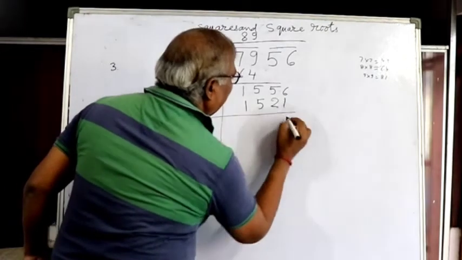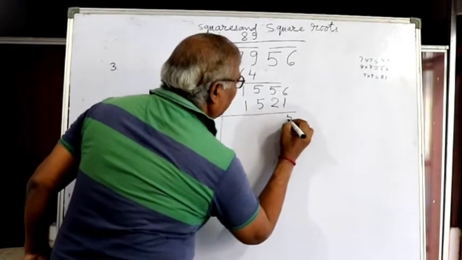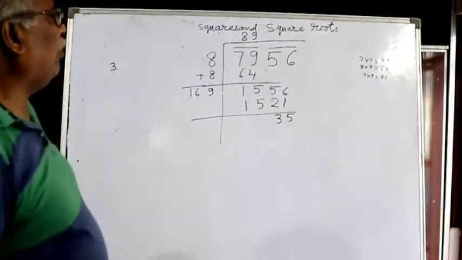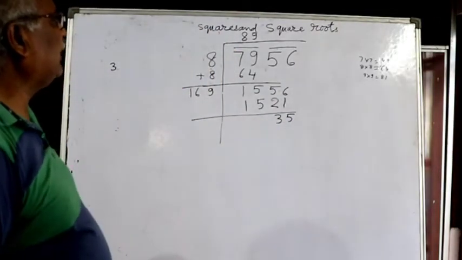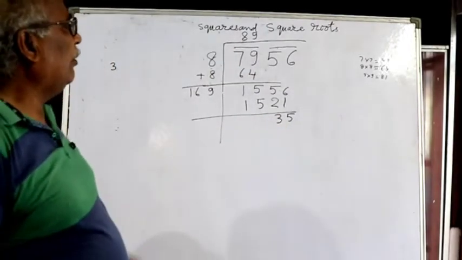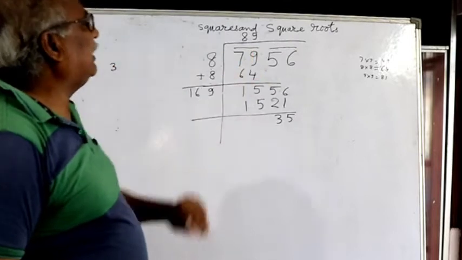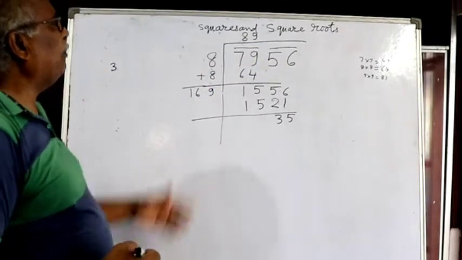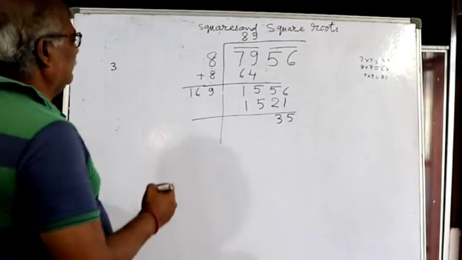Now subtract it. 6 minus 1 is equal to 5. 5 minus 2 is equal to 3. So we here see that 35 is the number which can be subtracted from 7956 to make it a perfect square.